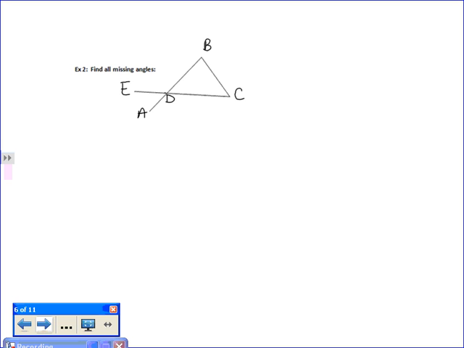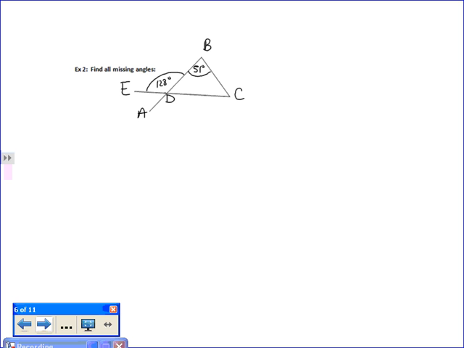And let's say that we're given this exterior angle here, and it's equal to 128 degrees. And let's say that we're also given angle B, and it's equal to 51 degrees. Okay, solve for all the remaining angles. And while we're doing that, we can think about the relationships between them. So again, there's more than one way to start this question.